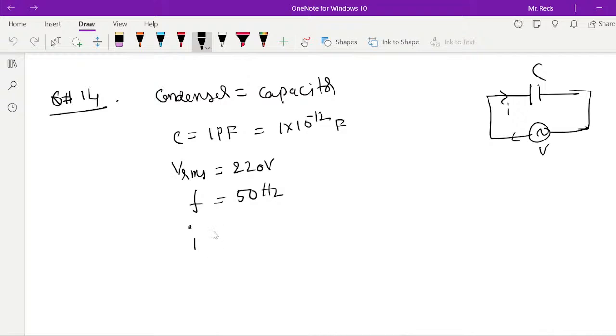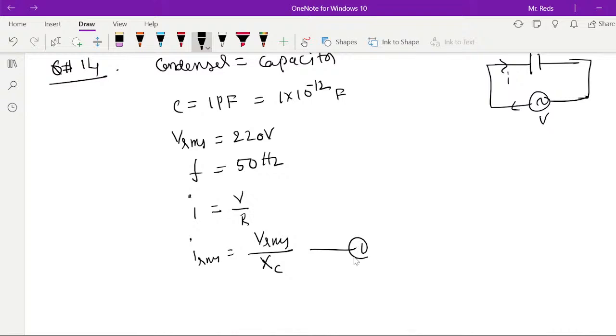You know from Ohm's law, I is equal to V by R. But here, in the case of a capacitive circuit, the RMS current is equal to VRMS by the resistance term of the capacitive circuit, which is nothing but capacitive reactance. You have to understand these points based on the conceptual discussion. So VRMS is given. What about XC? Let us say this is equation 1.